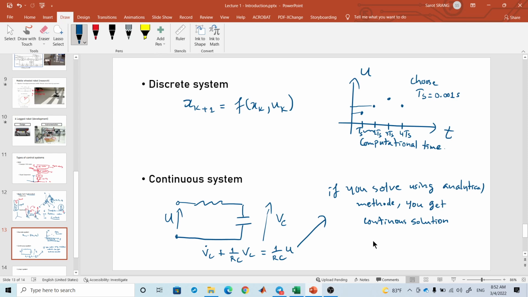Okay. The equation, if u is constant or step, the output voltage VC is u times 1 minus e to the minus t over RC.